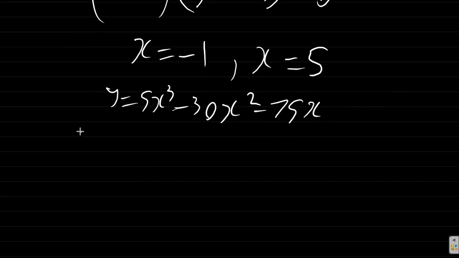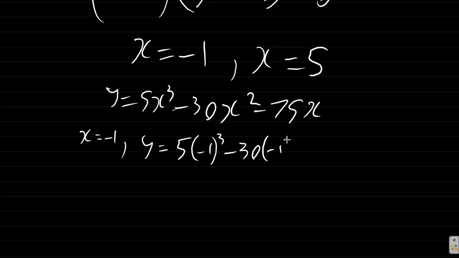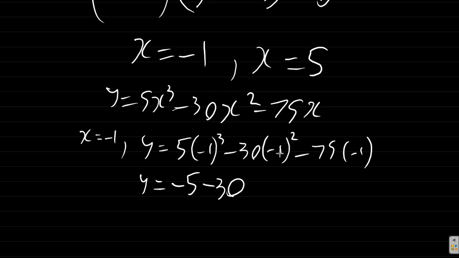Alright, so at x equals negative 1, y would be 5 times negative 1 cubed minus 30 times negative 1 squared minus 75 times negative 1. So negative 1 cubed is negative 1, so it's negative 5, minus 30, or rather negative 1 squared is positive 1, negative 30 times 1 is negative 30. Plus 75.